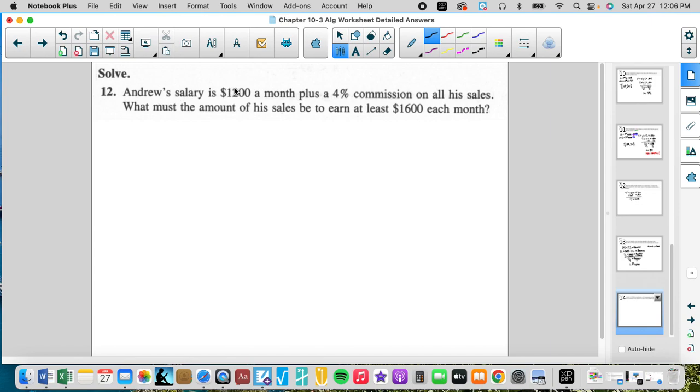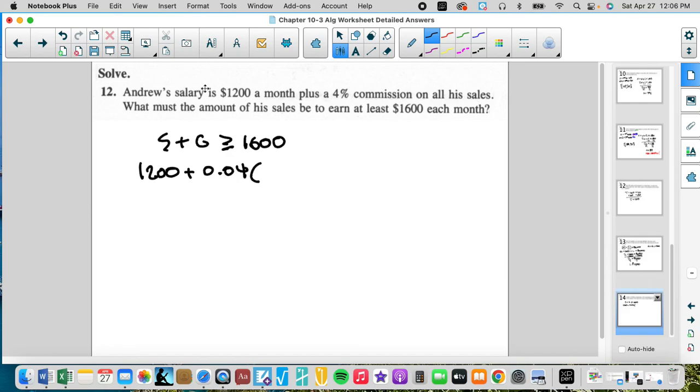So his salary plus his commission for the month is going to be at least, so it can be equal to 1,600. So we know his salary is 1,200, and then a commission on his sales. So the commission is 4%. We have to change that to a decimal times his sales.